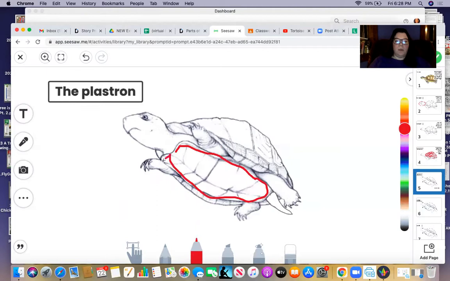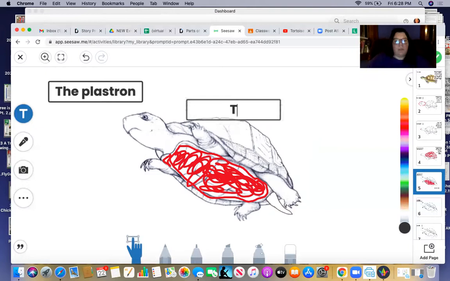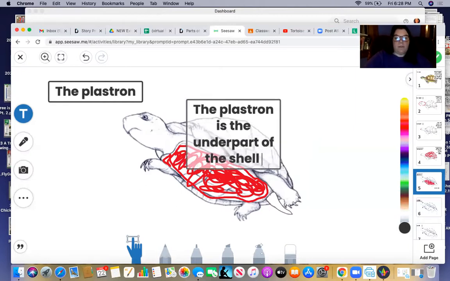So most of its body is a protective shell, and it can pull in its head and its tail and its legs, if you've ever seen, for the most part, to help protect itself. So the plastron is the under part of the shell used for protection.